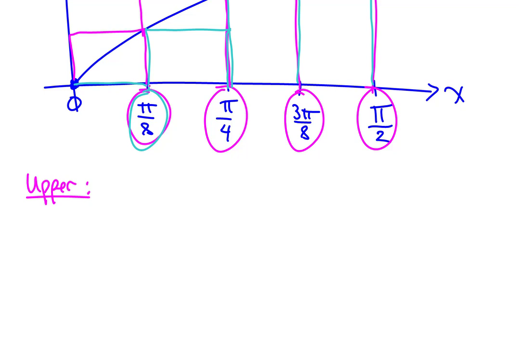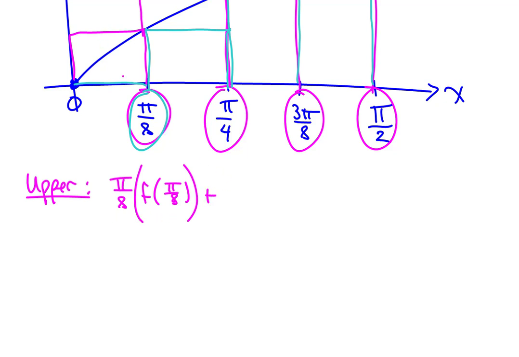The area of any given pink rectangle would be base times height given the dimensions we have. Base times height for the first pink rectangle would be its base, which is pi over 8, the width of the interval, times the height of it, which would be f of pi over 8. That's the area of that first rectangle.